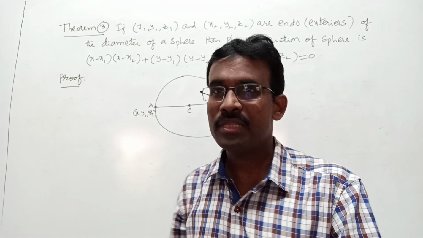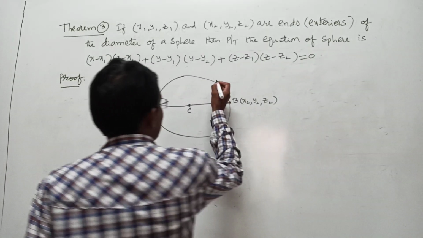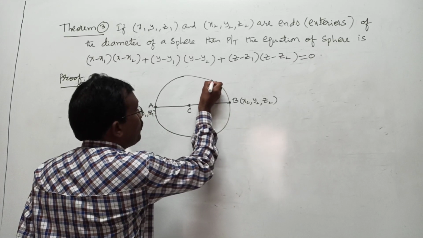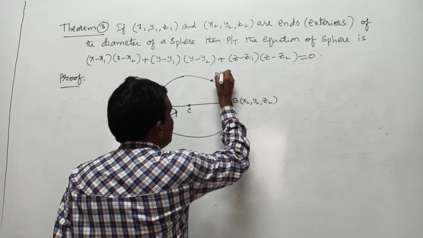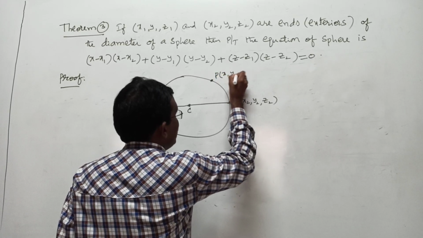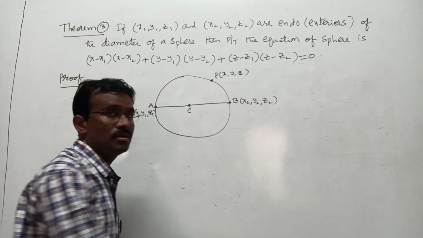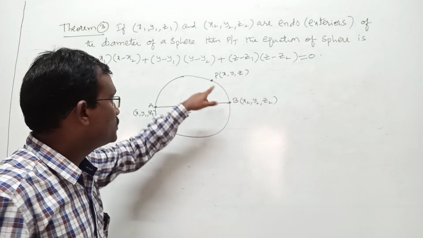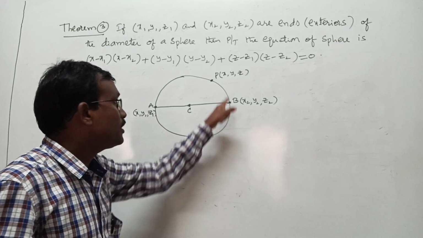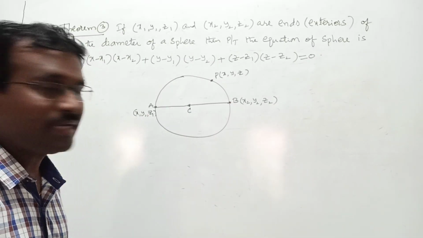For that, again I want to take one arbitrary point P on the above surface or sphere, P x comma y comma z, like the first theorem. Let us take P x comma y comma z as any arbitrary point on the sphere.